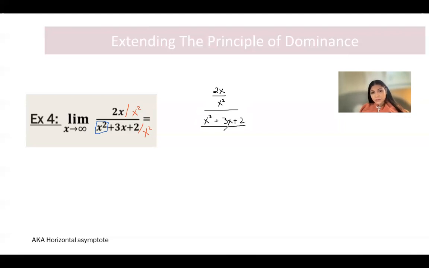We have to divide the whole thing by that largest degree term. So that's what we have thus far, right? We're not going to be doing flip and multiply, actually. This is what we're going to be doing next.